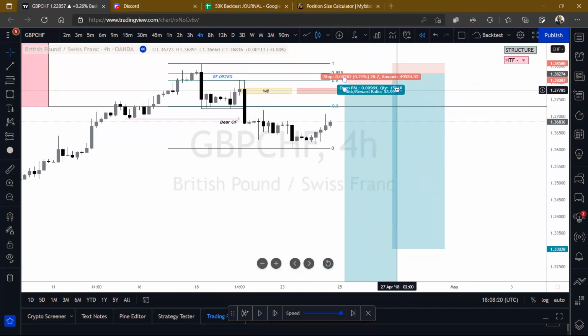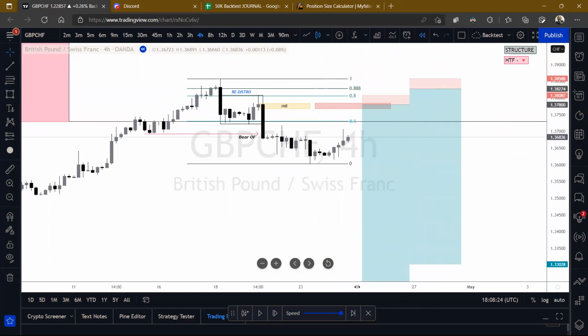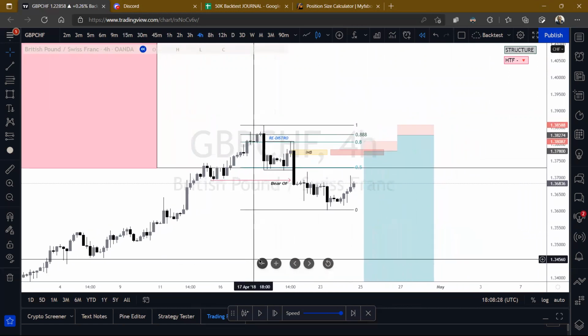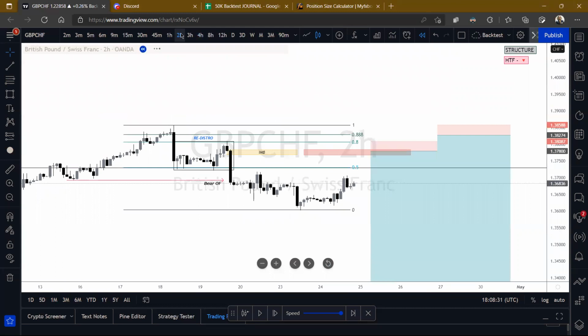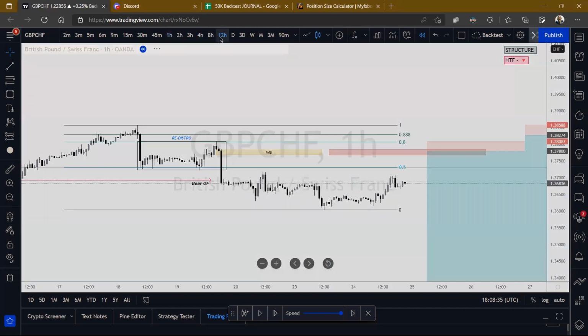Now we can play with it. First area, second area, we're going to throw half risk in each. Let's see if I can find the candle.